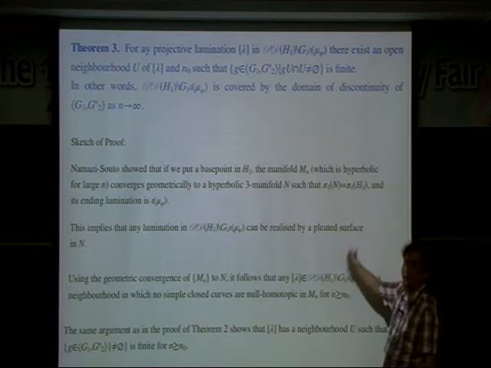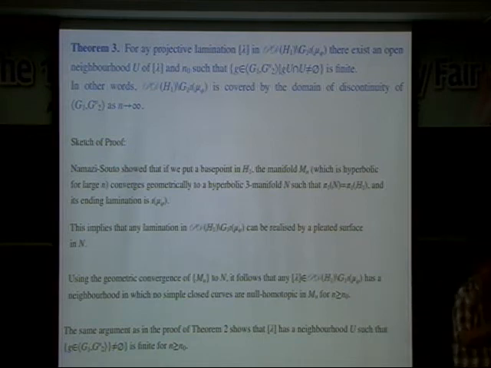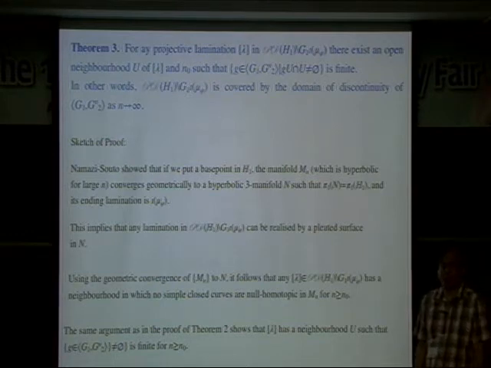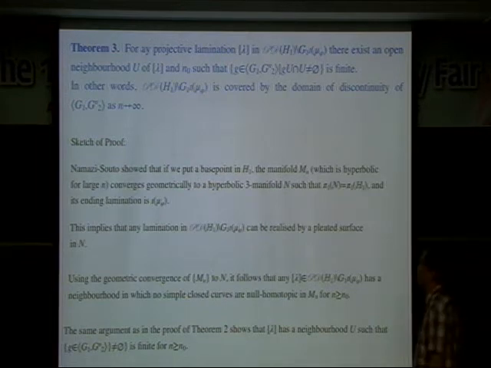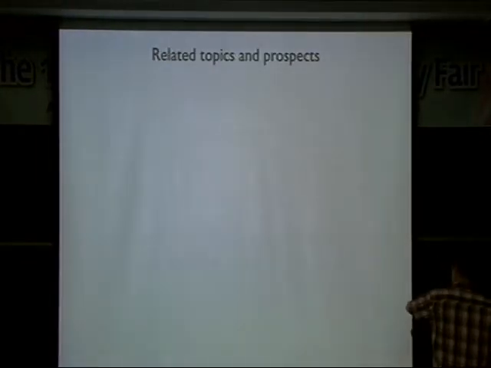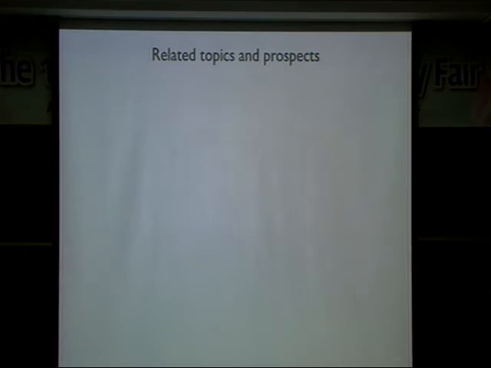So the argument is similar to that of 7.1 and 7.2. And in this special case, the model is much simpler than the general one, so you can show more than in the general case.